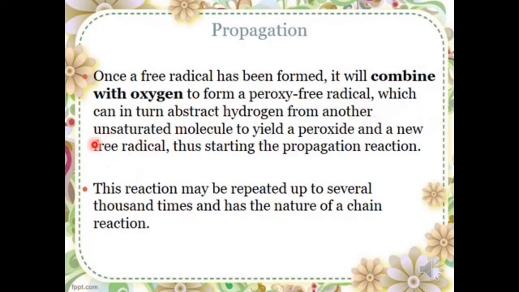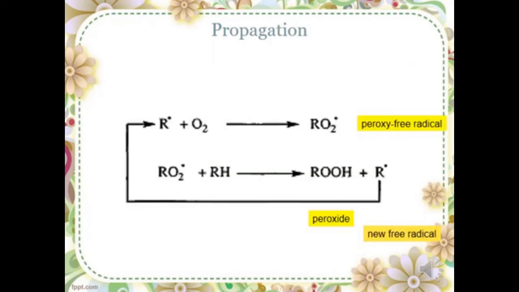This new radical will combine with oxygen to form another peroxy free radical, and this reaction will be repeated up to several thousand times. So we consider this a chain reaction, and it will only terminate when it meets with another free radical. So this is the mechanism of propagation.